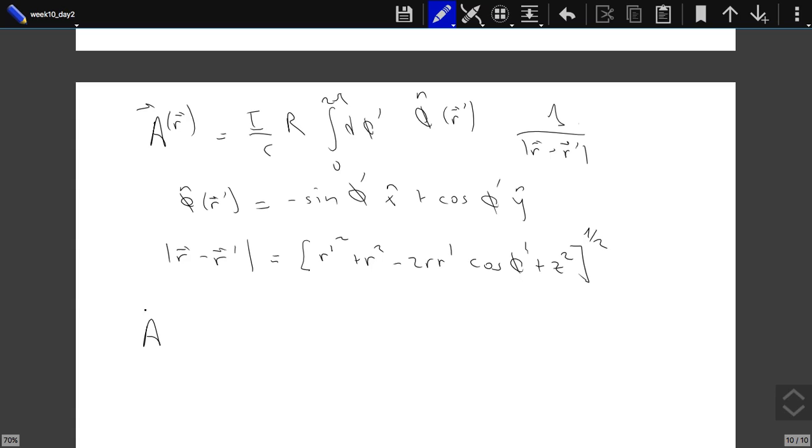The A of r will be equal to I over C r integral.